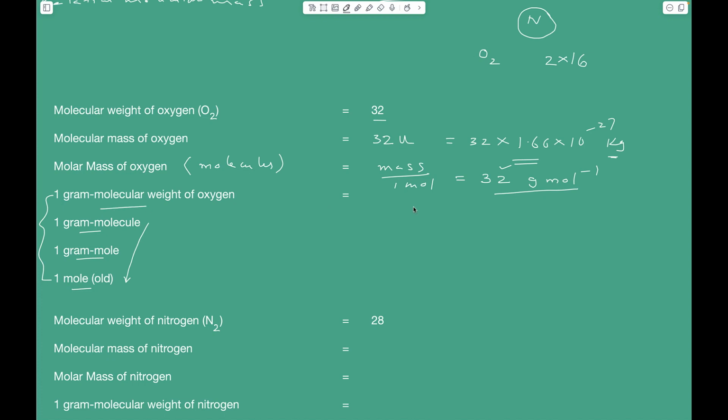And by definition, gram molecular weight represents certain mass of the substance that is equal to its molecular weight in grams. So it is simply 32 grams. So 1 gram molecular weight or 1 gram molecule or 1 gram mole or simply 1 mole in the old sense of oxygen means 32 grams of oxygen.